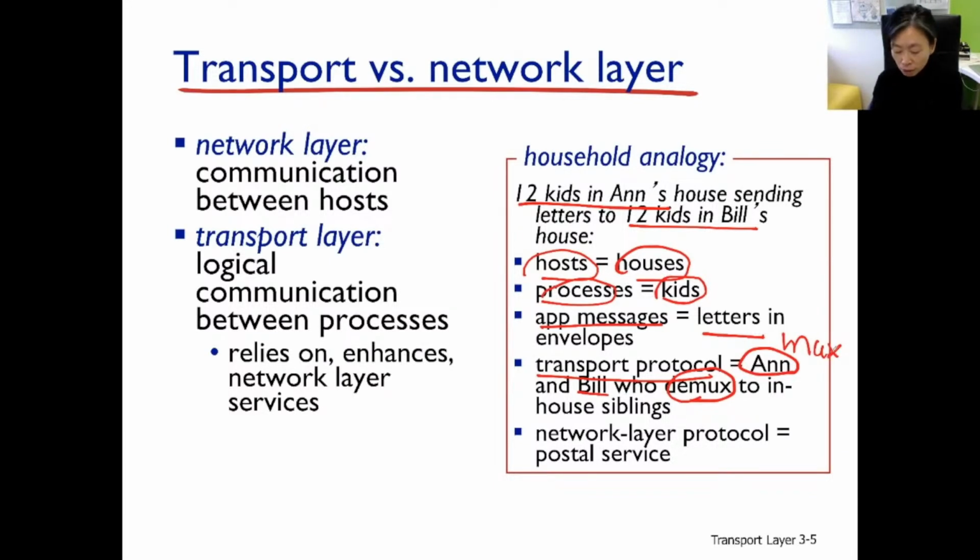Now, the mailman, taking all these envelopes from Anne's mailbox and going all the way to Bill's mailbox, is the network layer protocol. The mailman is the real person needing to find a way and driving all the way to send all these messages.